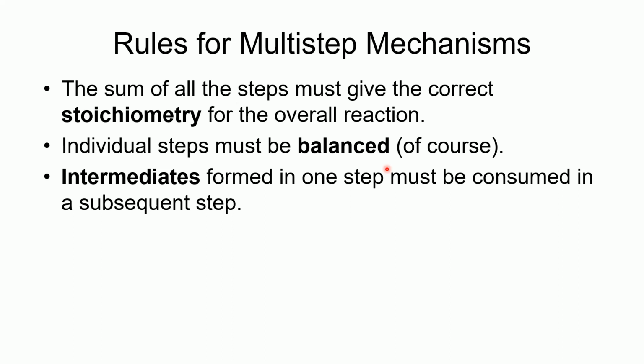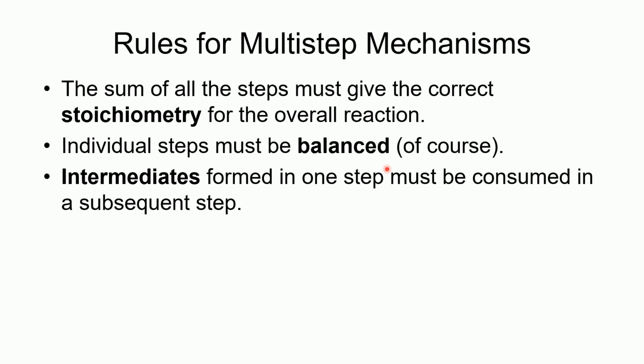All right. Sometimes in the course of a reaction, there will be a substance in the mechanism that is not a reactant, it's not a product, and it's not a catalyst. It is what we refer to as an intermediate. It is something that is formed in one step and then used up in another step.